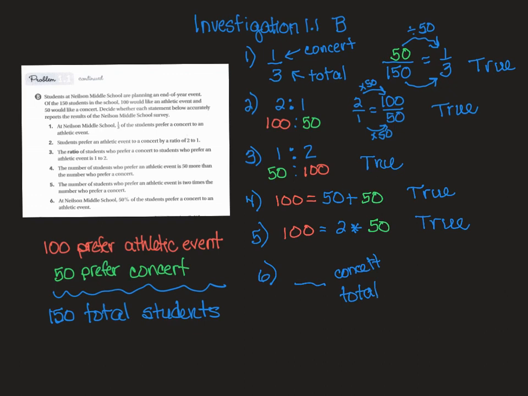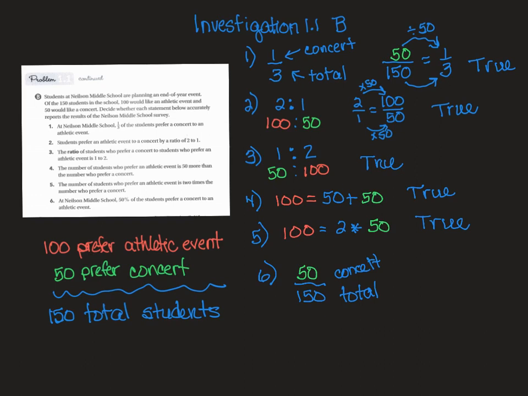Okay, so that's the concert over the total. Okay, so is that 50%? So let's look. The total we know is 150. The amount of people who prefer a concert is 50. Is 50 over 150, is that 1/2?